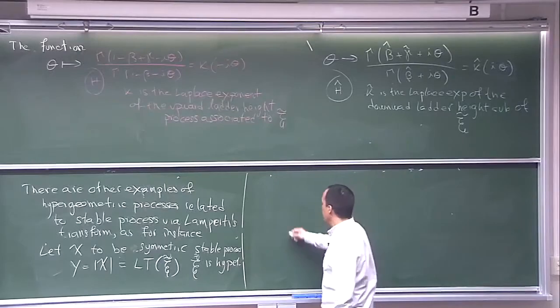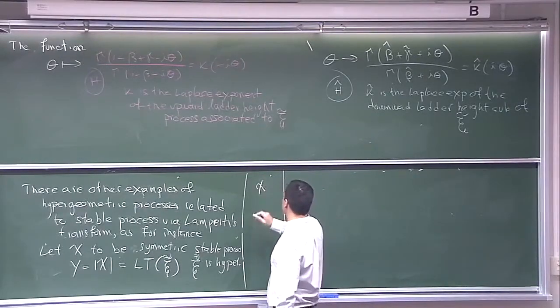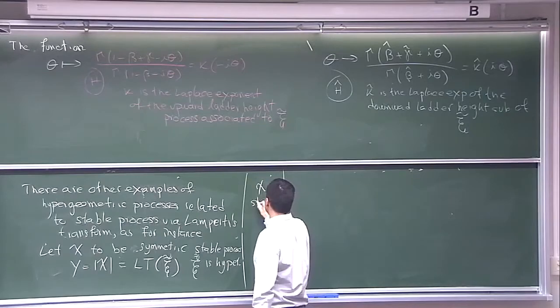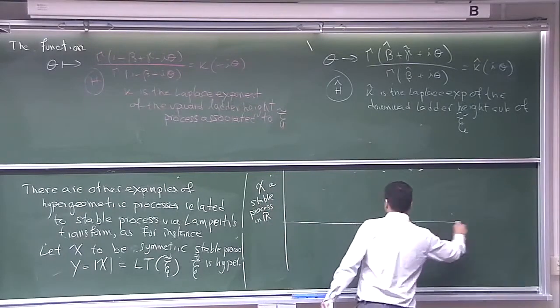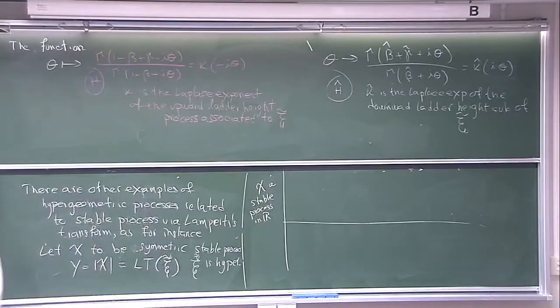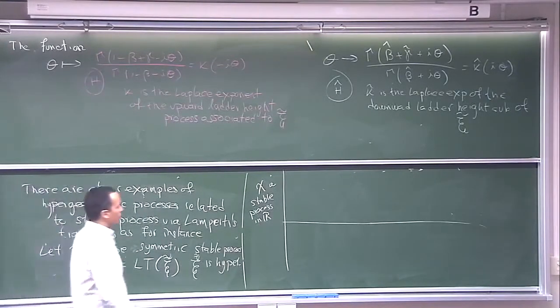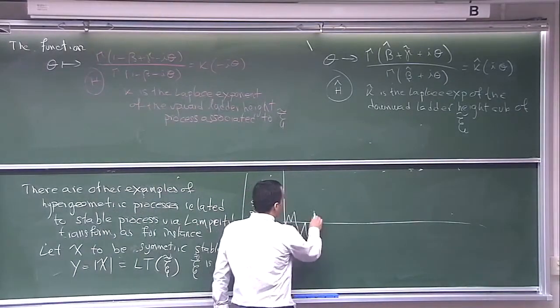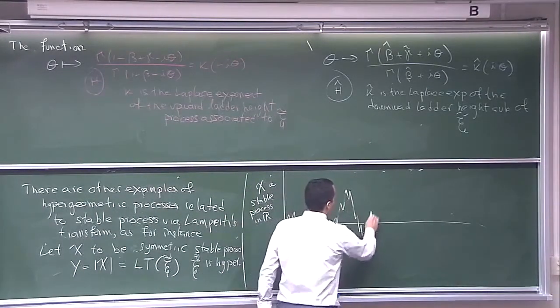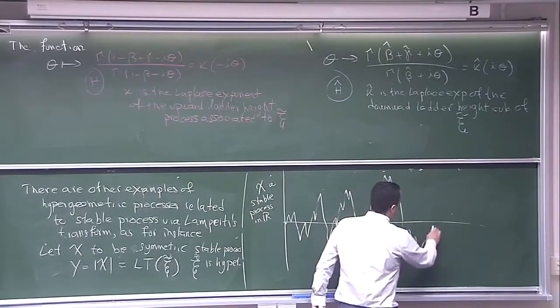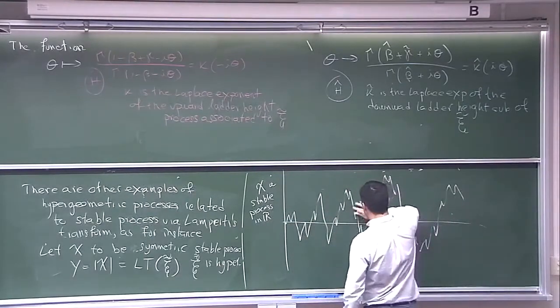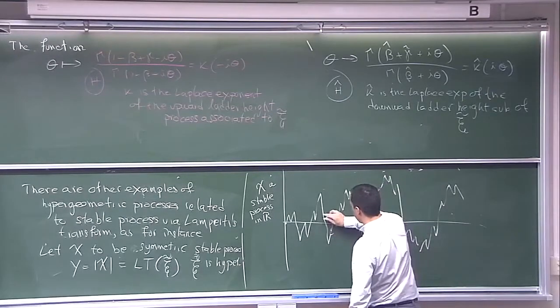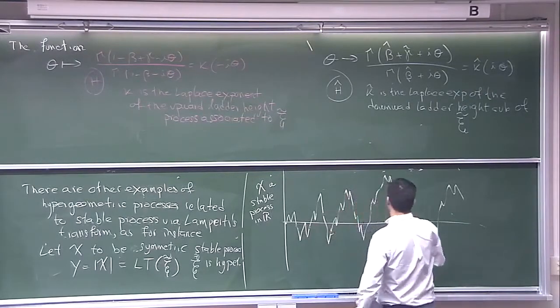There is another example. Maybe you have again X a stable process in R. Okay. And then you draw the path. I should delete some bits because of the jumps. Okay.